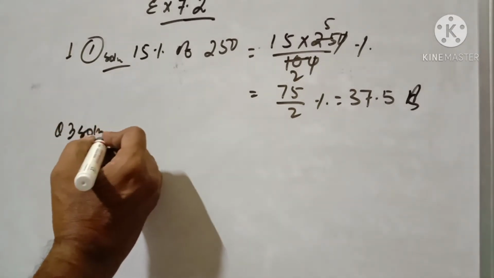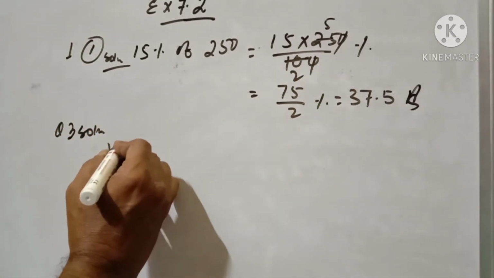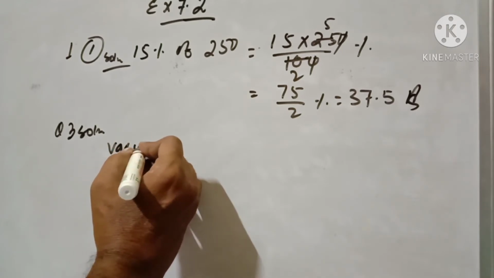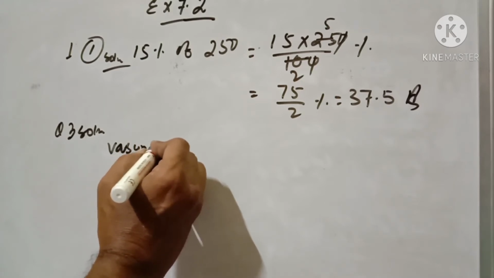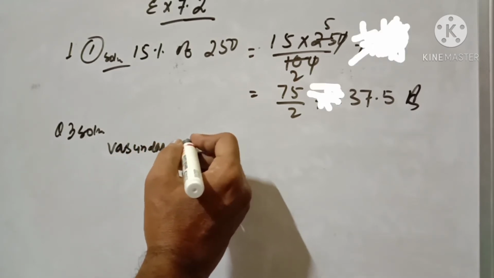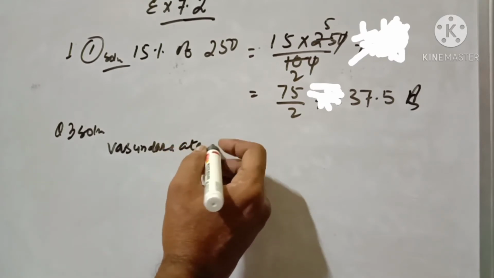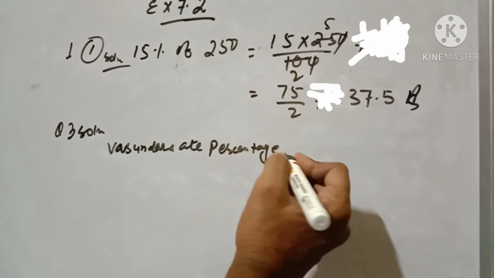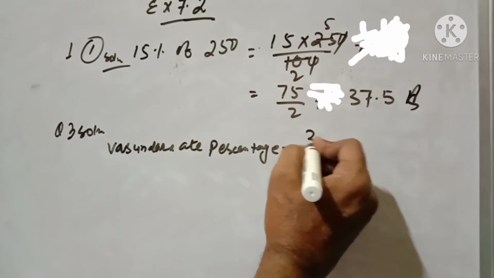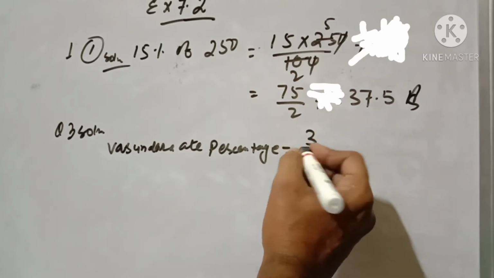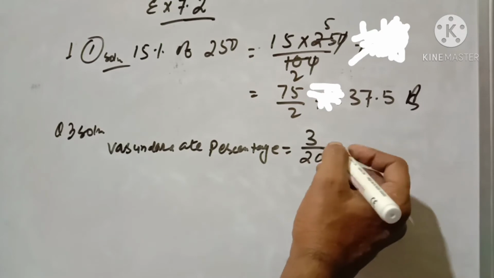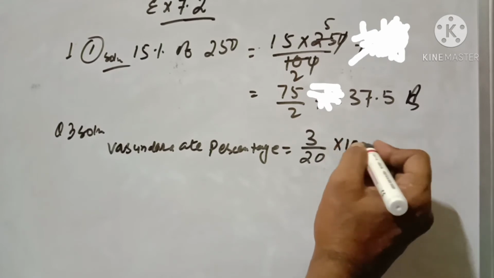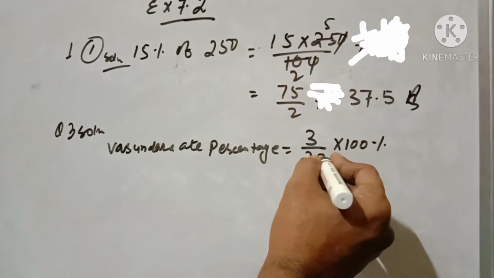So we have to find out Vasundhara's percentage equal to, so 3 ice creams she has eaten out of 20 into 100, give percentage. 0 gone.